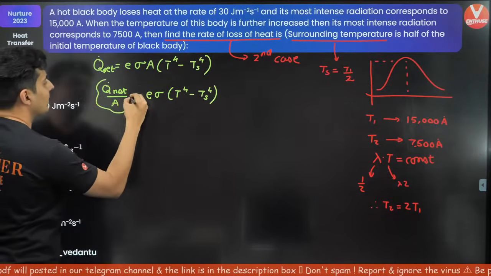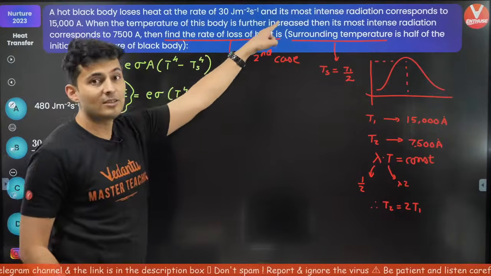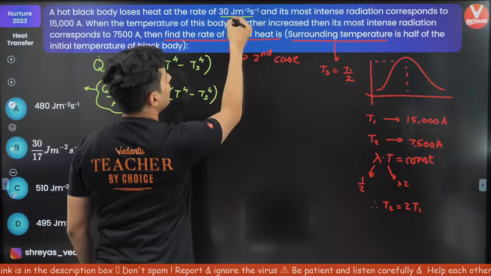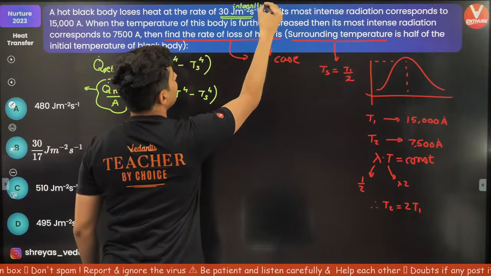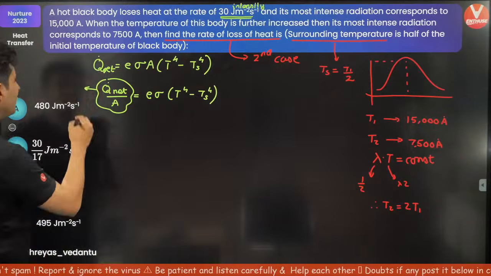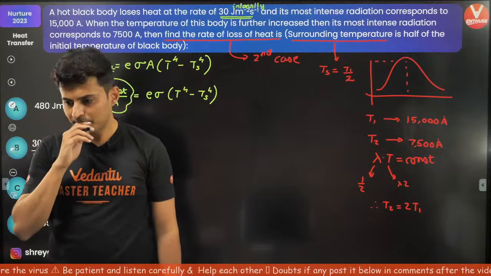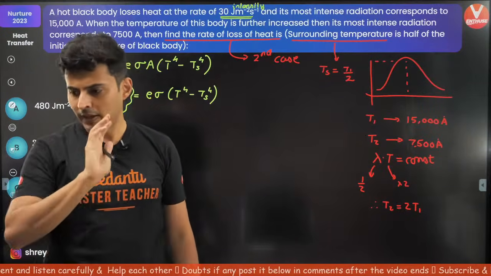Now this is what is given to you: the amount of energy lost per unit time, per unit area. This is nothing but intensity, so I'm just going to call it I. Is this understood till here? Everyone clear till this point? Okay.